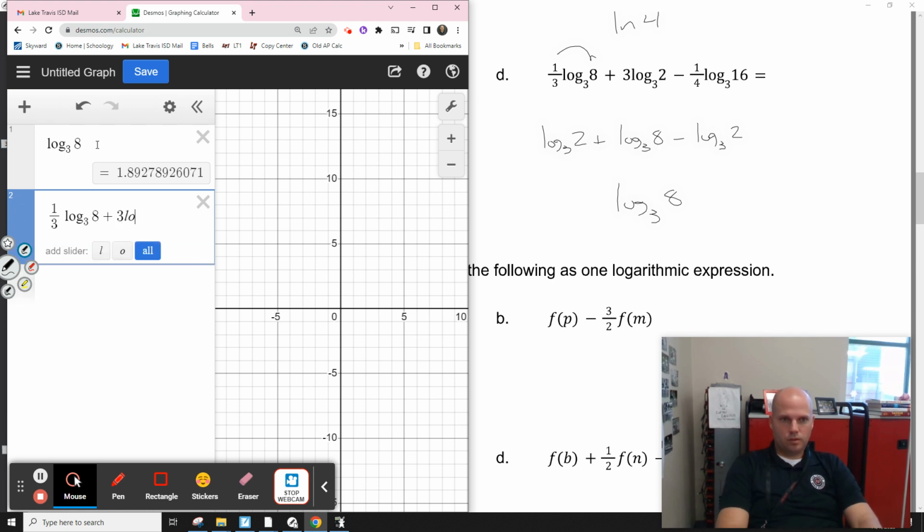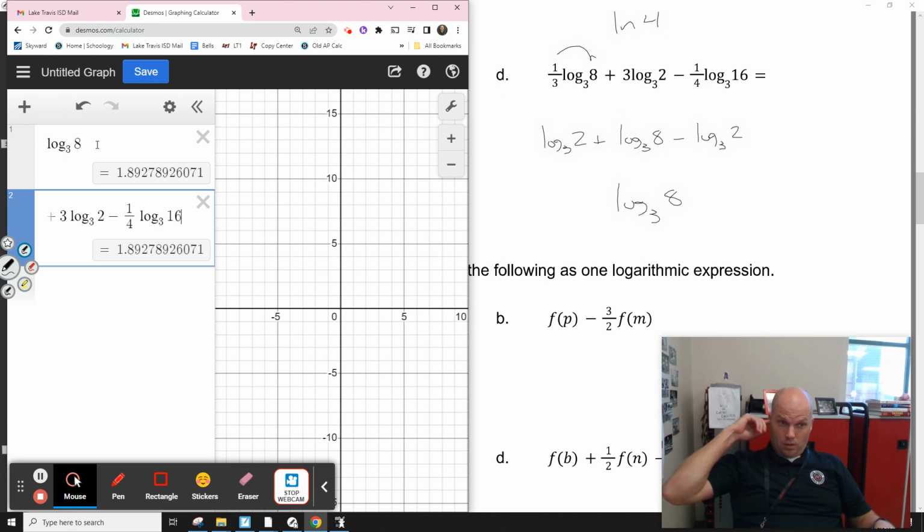I just say, doing this in Desmos is so much easier than typing this into the calculator like I used to do in past years. Yep. All right, cool.